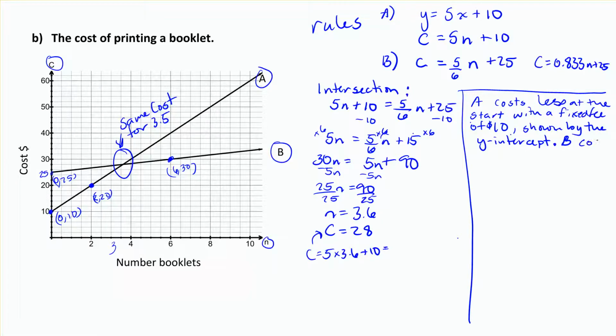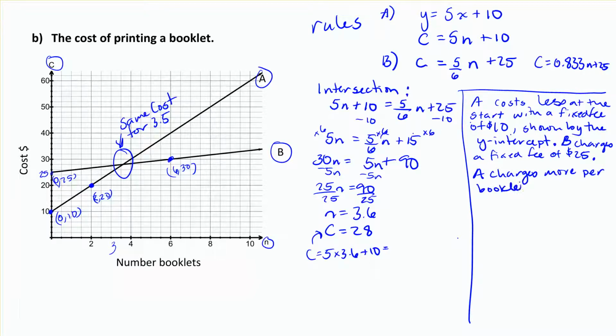B, instead of saying costs, I might say charges a fixed fee of $25. So we can see at the start, company A is the cheaper one to use. Company A charges more per booklet.